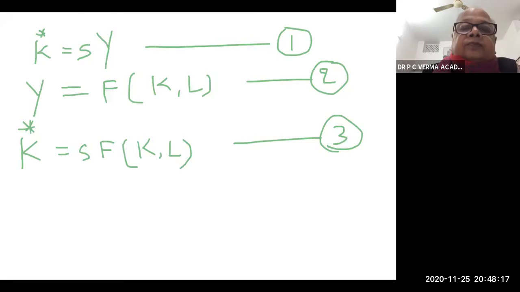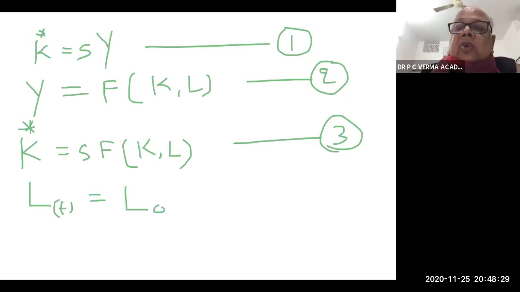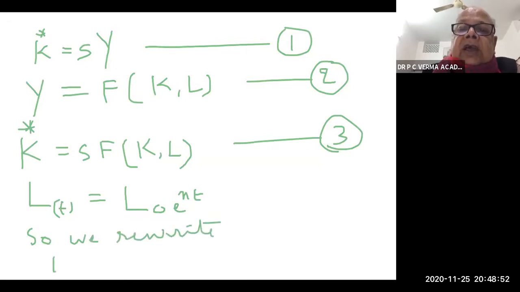In fact, labor with respect to time, we all know that the labor equation is L0 e to the power NT. So we rewrite K star.